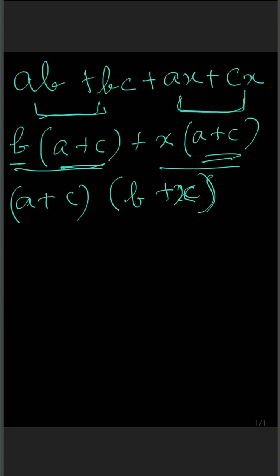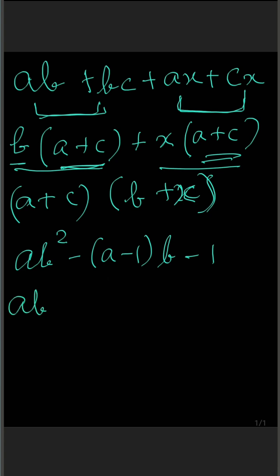So for you I will take another example. AB square minus A minus 1 into B minus 1. Suppose this is a question. First of all, we will open up all the brackets. In A minus 1, we have B outside the bracket, so B will be multiplied with both the elements inside the bracket.